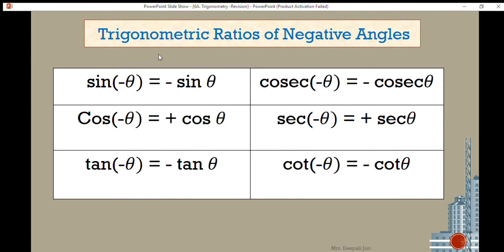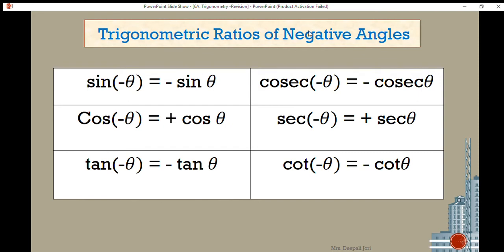Next, trigonometric ratios of negative angles. See, if the angle is negative, like sine of minus 30, sine of minus 90, then what do we have to write? Do remember these formulae again. As I know that the formulae are known to you, sine of minus theta is always equal to minus sine theta, but cos of minus theta is plus cos theta, tan of minus theta is minus tan theta, cosec of minus theta is minus cosec theta, sec of minus theta is plus sec theta, and cot of minus theta is minus cot theta.